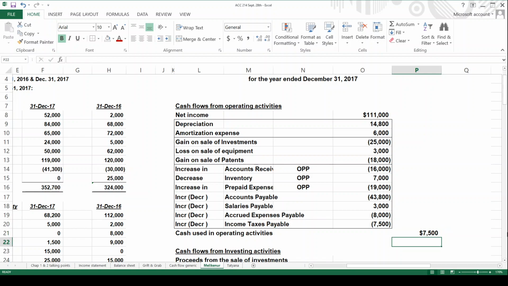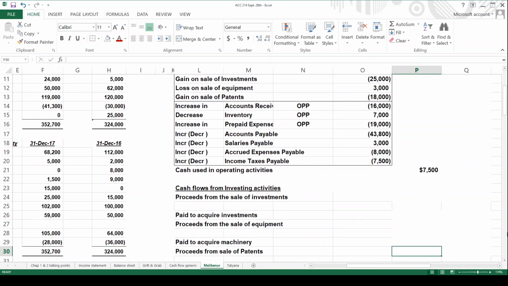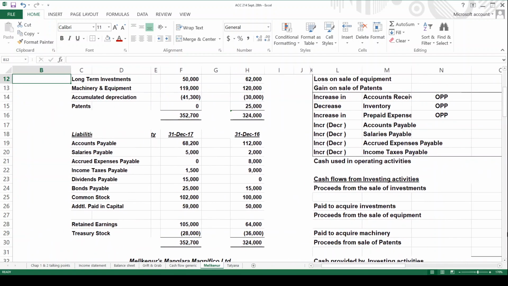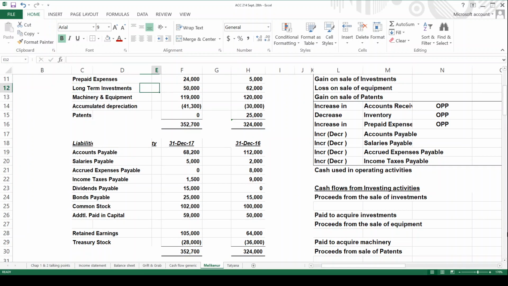So now, investing activities. Proceeds from sale of investment. So a lot of these problems we have to do a little detective work. So let's see what the story is with investments. We had investments that went from 62,000 to 50,000. So clearly something was sold because the balance went down.